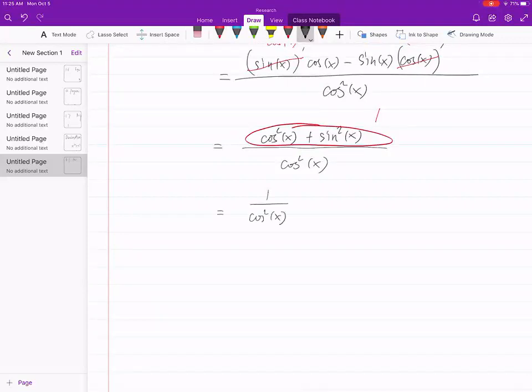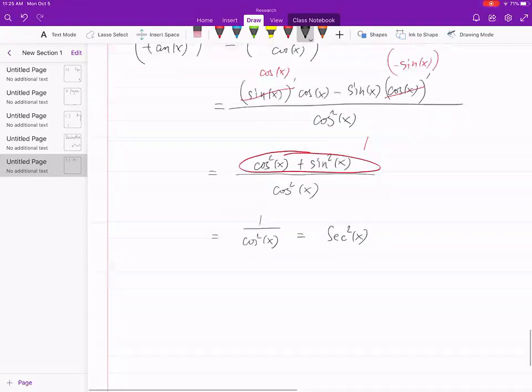which is already good, but we prefer to write it to be secant squared, just to make it look nicer. In general, we don't like quotients. Okay, we like something that looks like an integer.